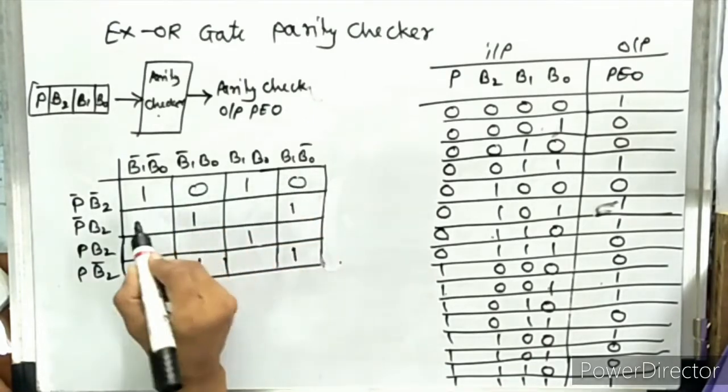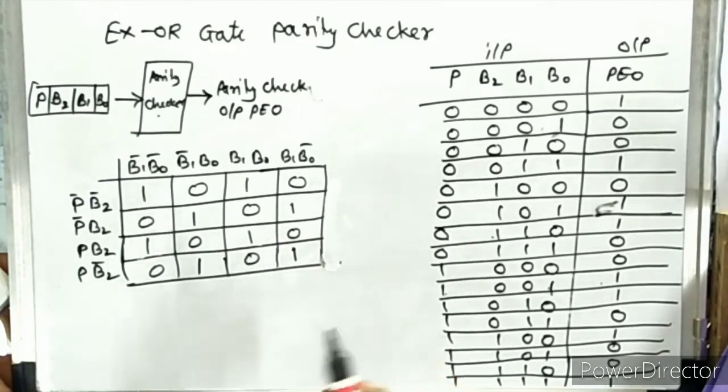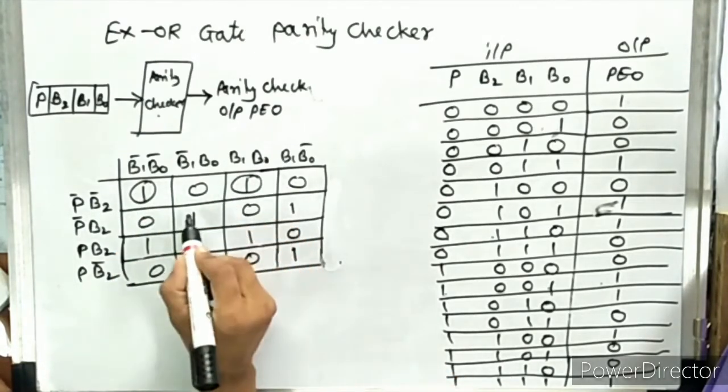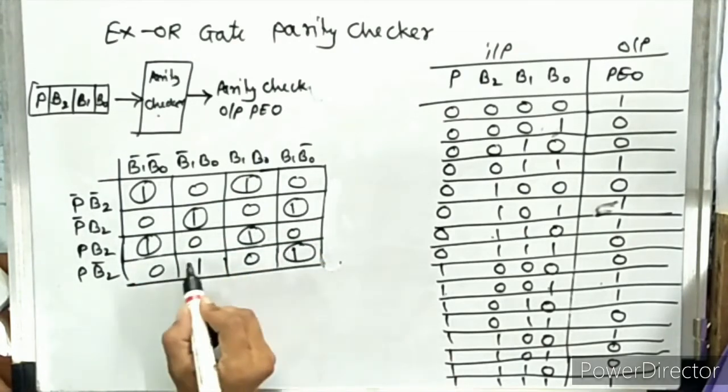So plot the zeros in the rest of the cells. Again, no grouping is possible. So find the equation for these single ones.